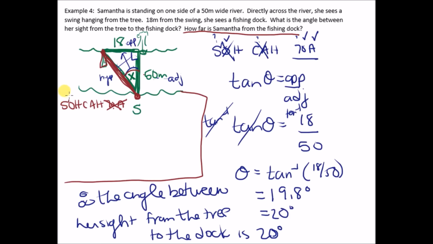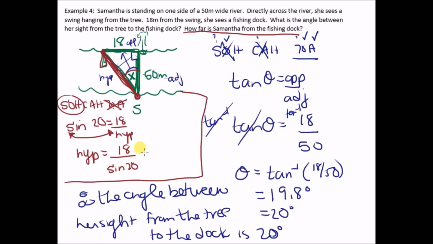Now, we actually have 18 or 50, the opposite or adjacent, so in this case, you can choose. Let's just go ahead and do sine. It's the first one there. So sine of 20 degrees equals opposite over hypotenuse. Let's cross multiply, but let's bring the hypotenuse up and the sine 20 down. Hypotenuse equals 18 over sine 20.